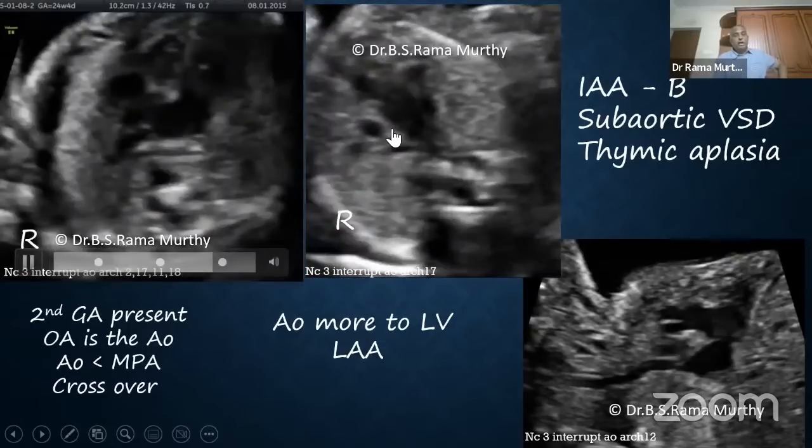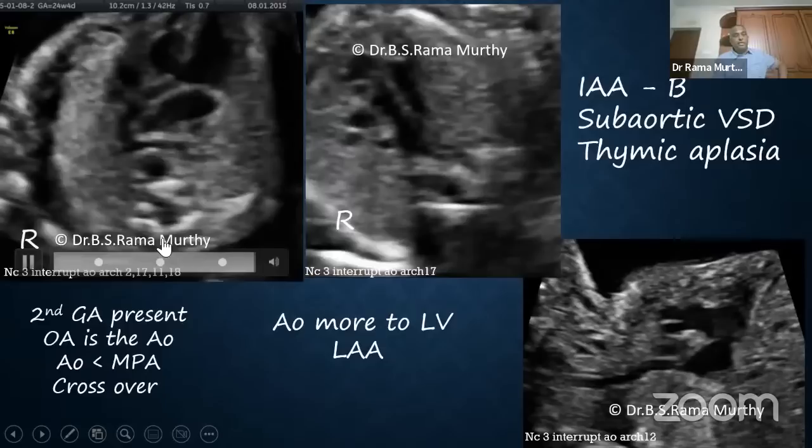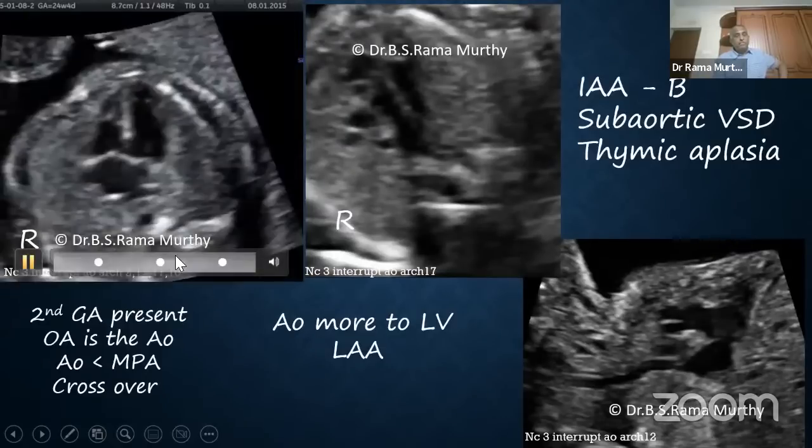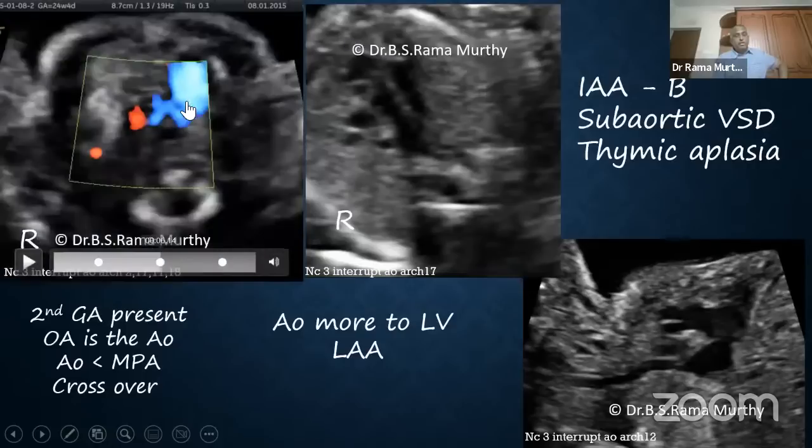And when you do a color version of the three vessel trachea view, you will see that this is the big pulmonary artery. This is the SVC, and you will see the aorta, which is dividing into the neck arteries, two neck arteries, and it goes away.